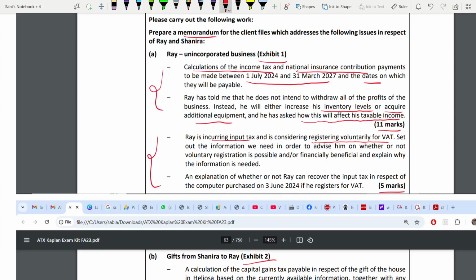The requirement is to set out the information that you need in order to advise him whether this is possible or not, and explain why the information is needed. With that, explain whether Ray can recover the input tax or not for the computer purchased on this date if he registers for VAT.